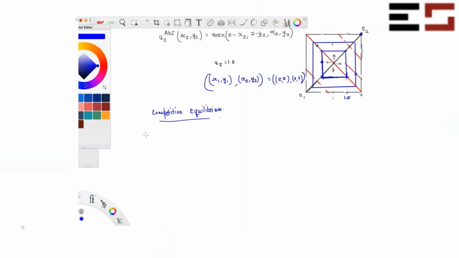Given this two consumer, two good setting, we say that the pair of prices px star, py star, and an allocation x1 star, y1 star, x2 star, y2 star is a competitive equilibrium.